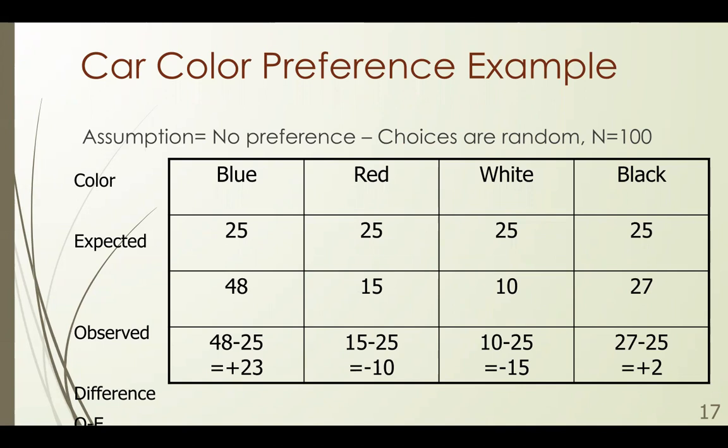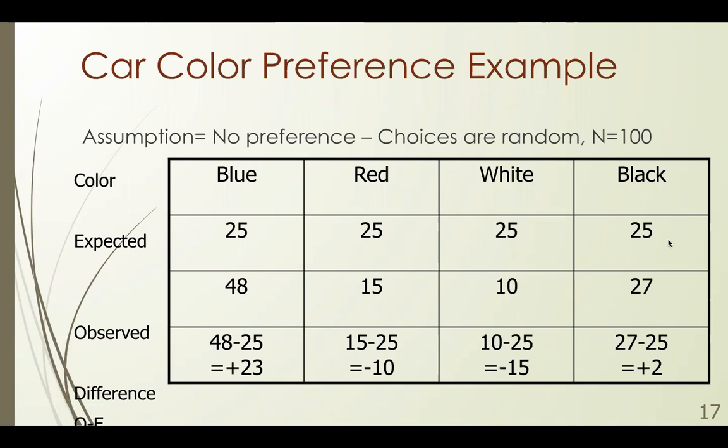And people say, on average populations, they like all kinds of colors and there should not be any difference. So you expect that from blue, red, and white and black cars, I'm going to order 100 cars. You just say, I expect everyone to have random preference about color. So I'm going to order 25 blue cars, 25 red cars, and 25 for white and black as well.